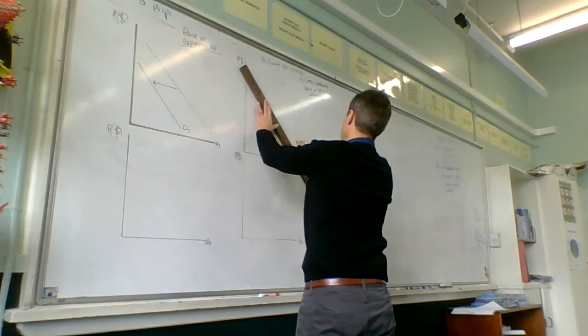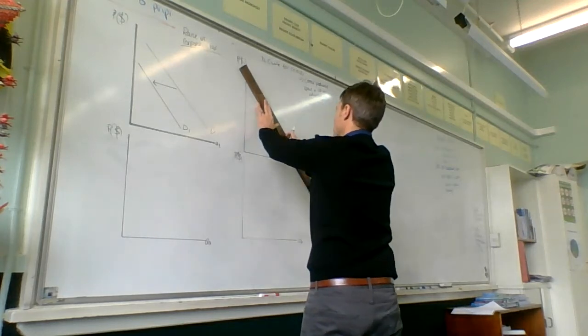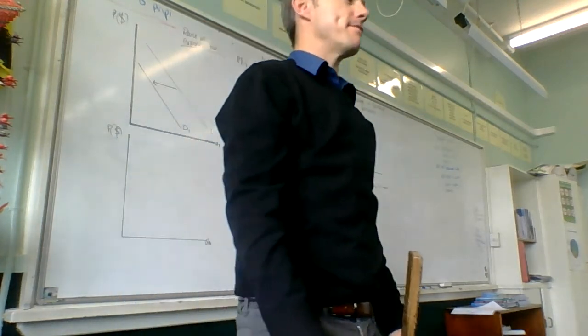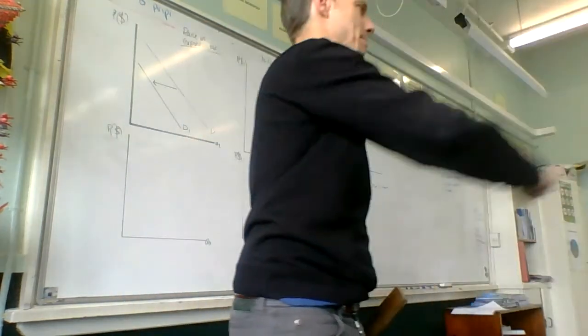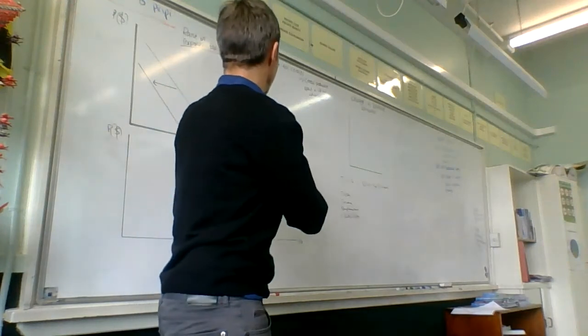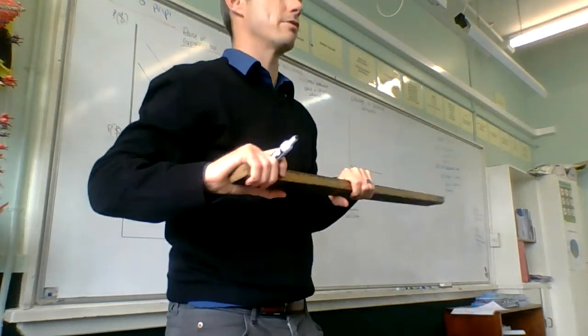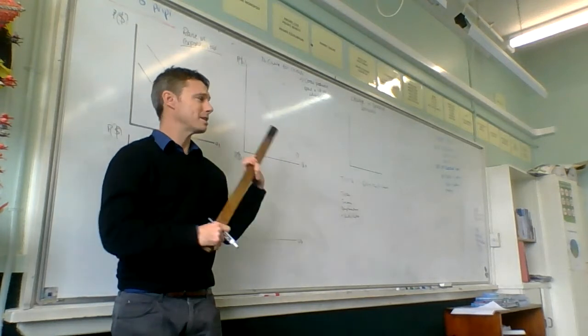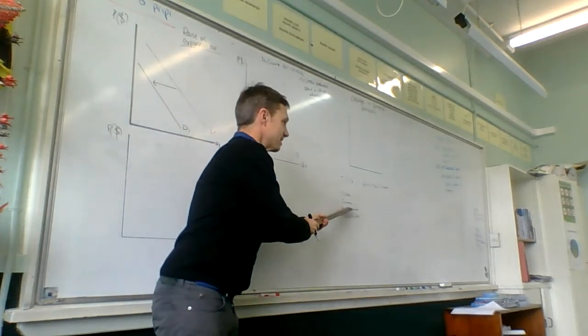Okay, so all of a sudden there's more adverts about cereals and how wonderful they are. Obviously on you lot, you need more advertising, okay? So therefore, ladies and gentlemen, next dilemma, 30 seconds. What's going to happen to the demand curve for cereals? More has been spent on advertising for cereals. Where's it go? And why?